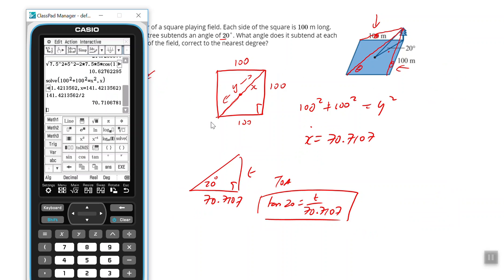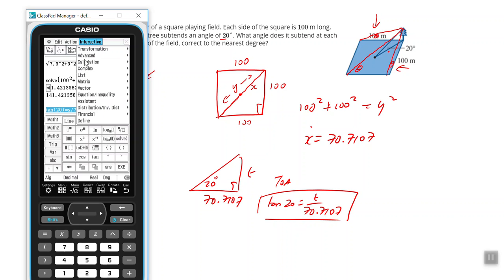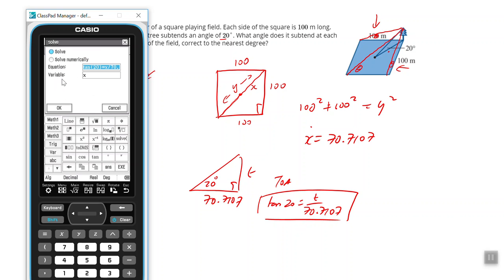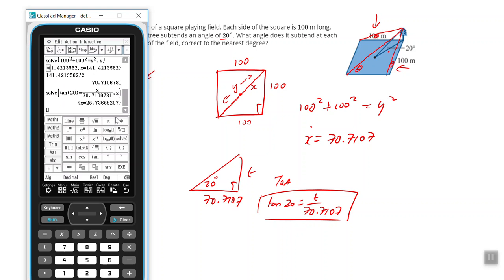So go CAS. So write tan, oops, cancel that. Tan of 20 equals x divided by, I'll just copy and paste this, interactive and solve for x, 25.7366.